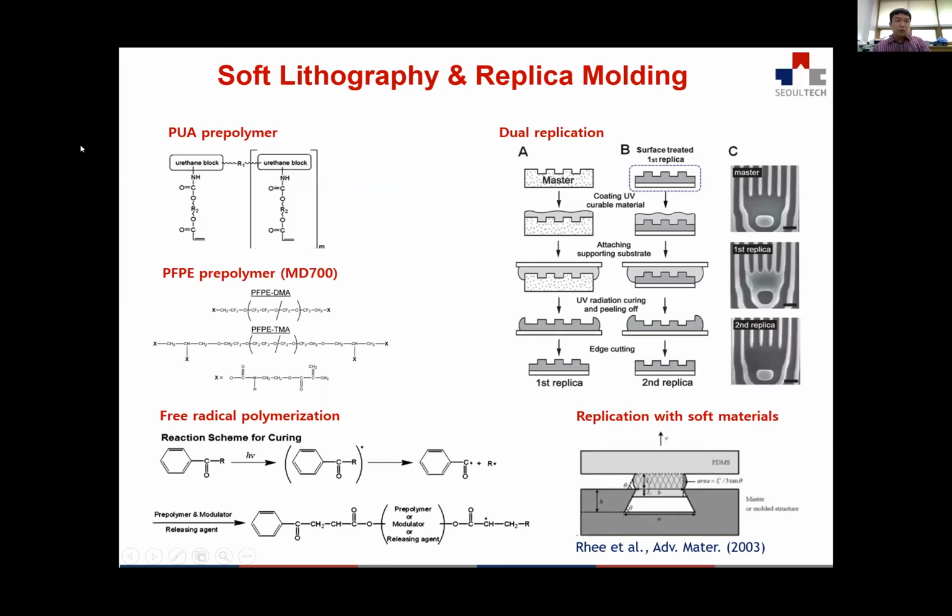I use polyurethane acrylate polymer, which has a double bond, and also perfluoropolyether polymer, commercial name MD700. We use the liquid prepolymer mixed with photoinitiator, fill it onto a master, and expose it to UV light.